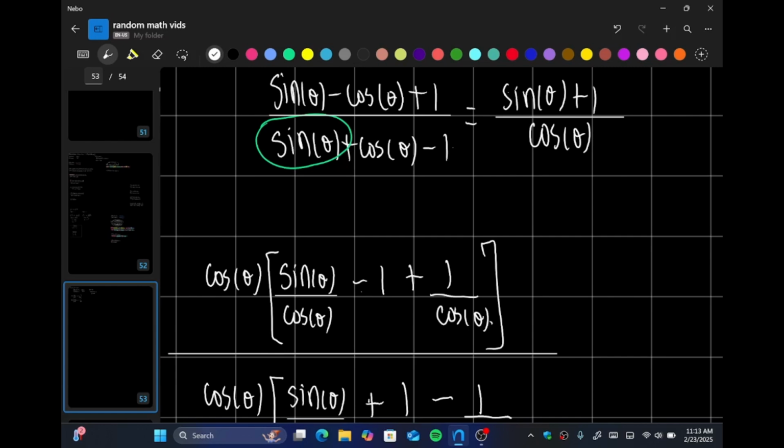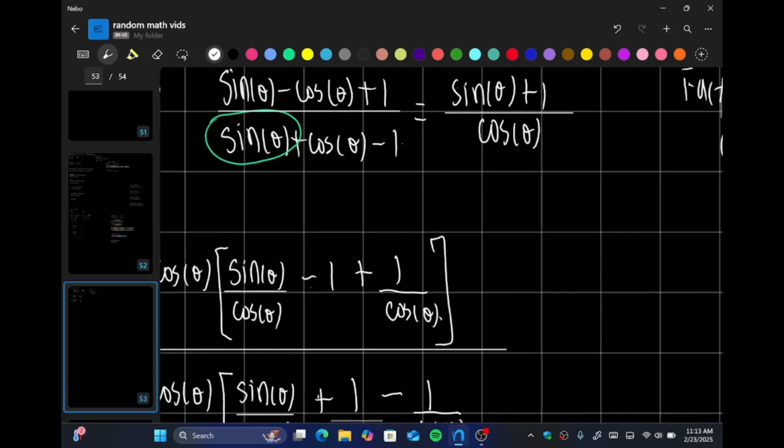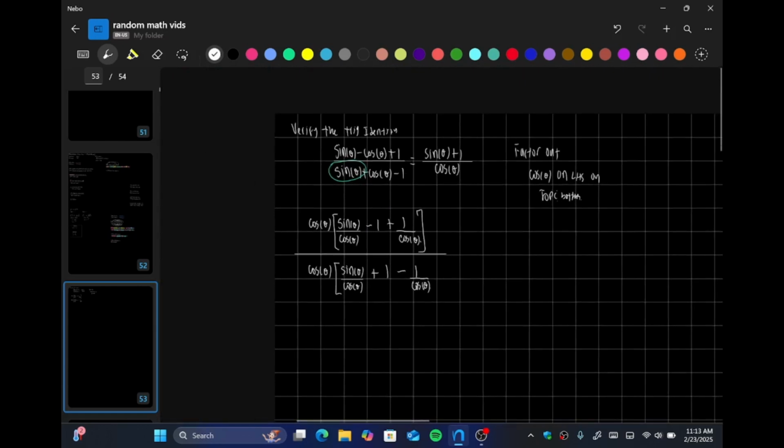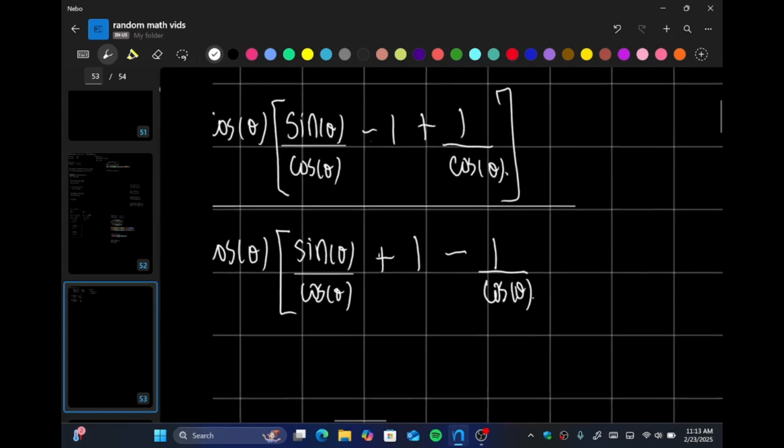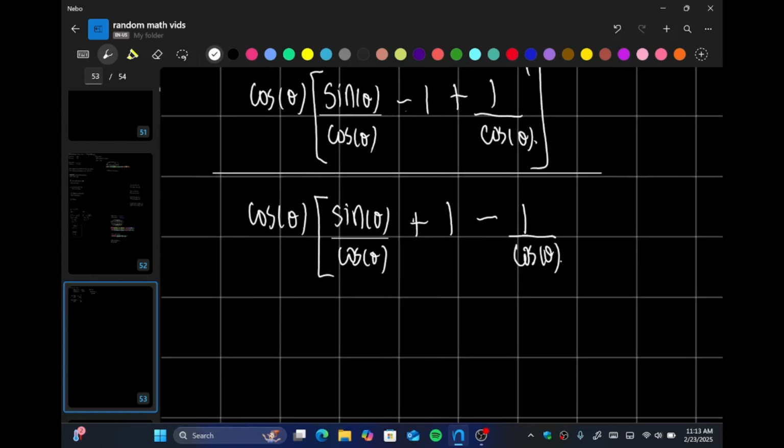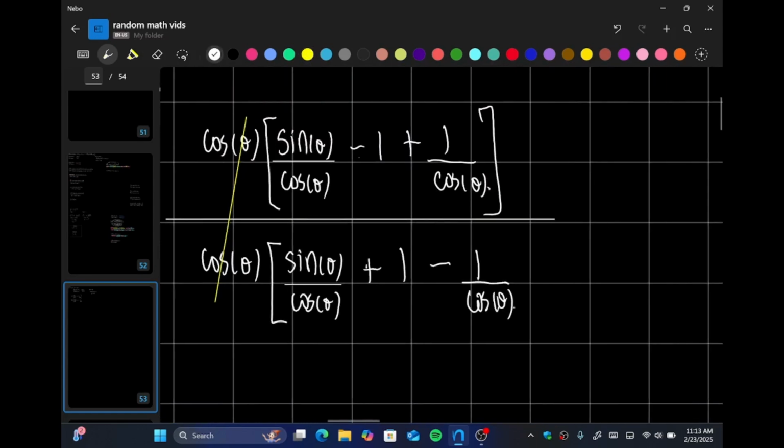And so, again, the right hand side, we're not going to mess with it, guys. So then here, what we're going to do is cancel out the cosine theta, right? And we'll get the following.